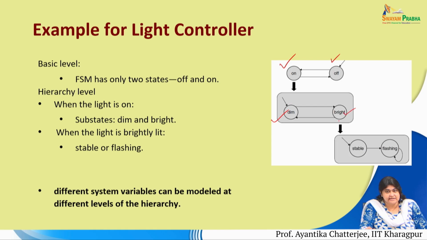Again, the bright state can have 2 substates, stable and flashing. If it is stable, there is no change, and if it is flashing, there is a self loop, a change of state maintaining some self loop. Maybe some conditions may be here when the light controller moves from on to off, dim to bright, etc. But for the sake of simplicity, we are not considering that.